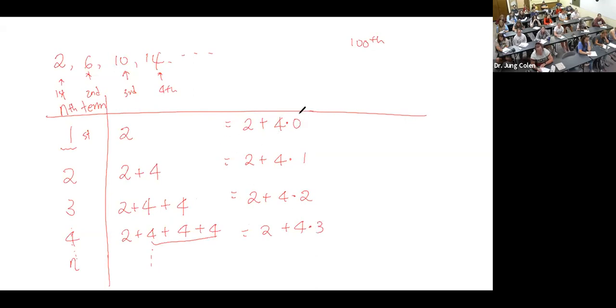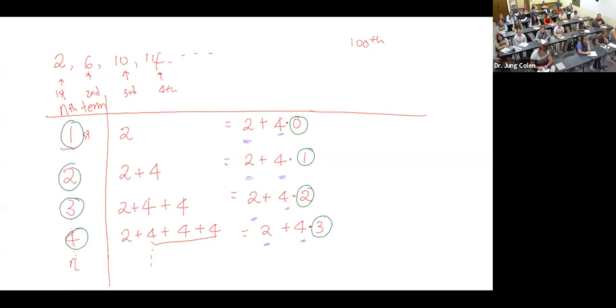Compare the number that is changing, because these numbers are fixed: 2, 2, 2, 2, plus, plus, plus, 4, 4, 4. These are not changing. So we know the nth term will have 2 plus 4 times something, right? So let's look at the number that is changing: 0, 1, 2, 3. These change according to the number of terms: 1, 2, 3, 4.